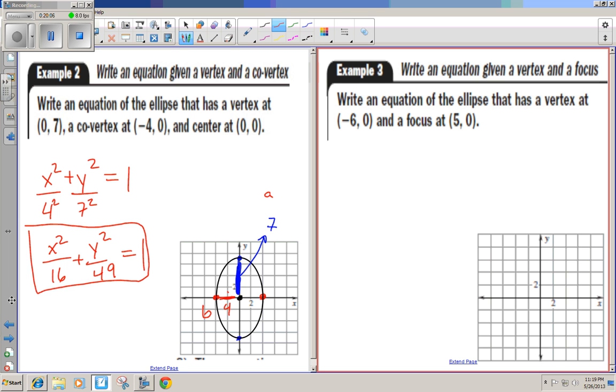All right, write an equation of the ellipse that has a vertex of -6, 0, and a focus of 5. All right, so we know it has an ellipse that has a vertex at -6, 0, which means this would be 6, 0. It has a focus of 5, 0.